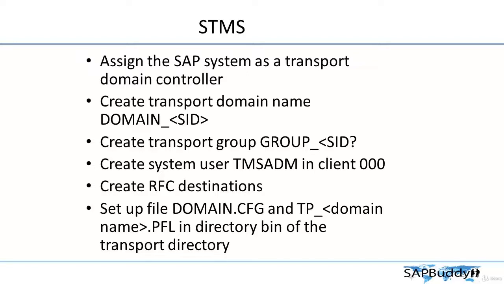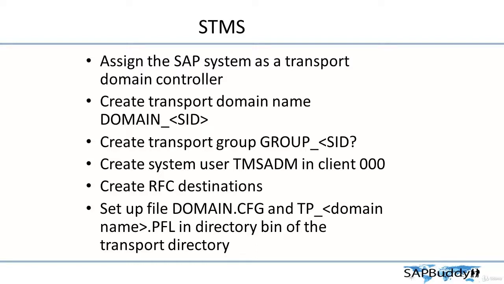There are many activities which will be carried out automatically when you run STMS in client 000. First, it will assign the SAP system as the transport domain controller.